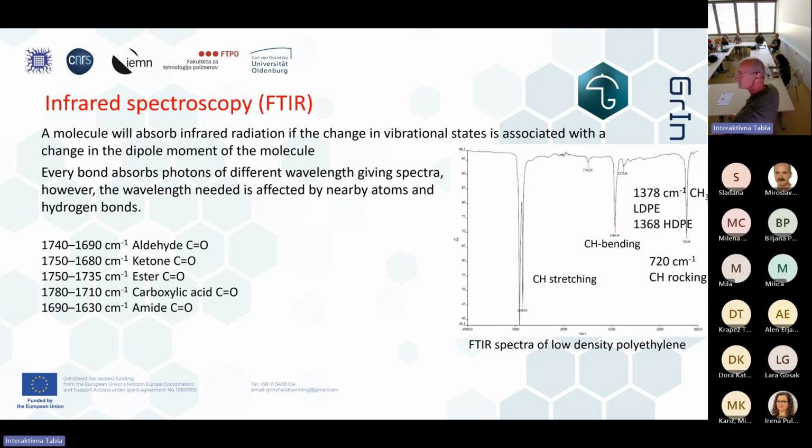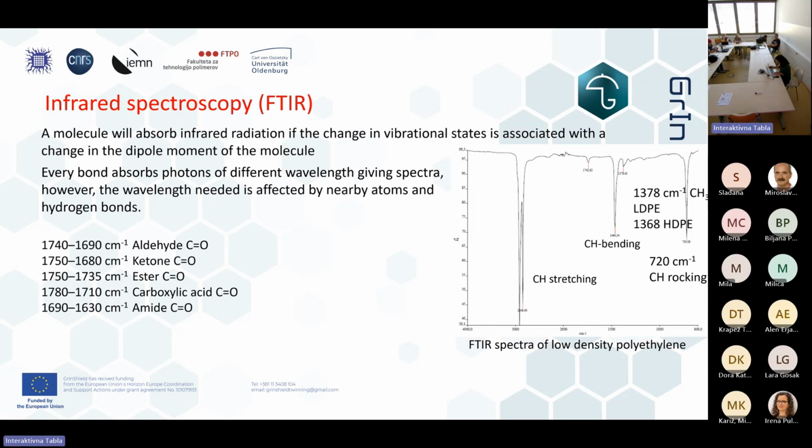And here there are several small peaks. If we see a band at 1378, it means that we have LDPE, low density polyethylene. If it's at 1368, then it's high density polyethylene. So very small differences can tell us quite big differences about the polymer structure.